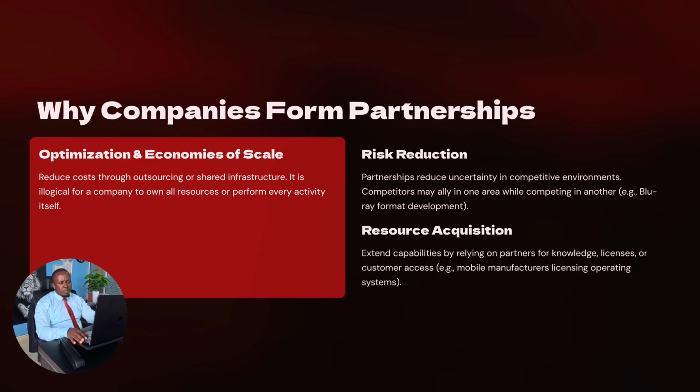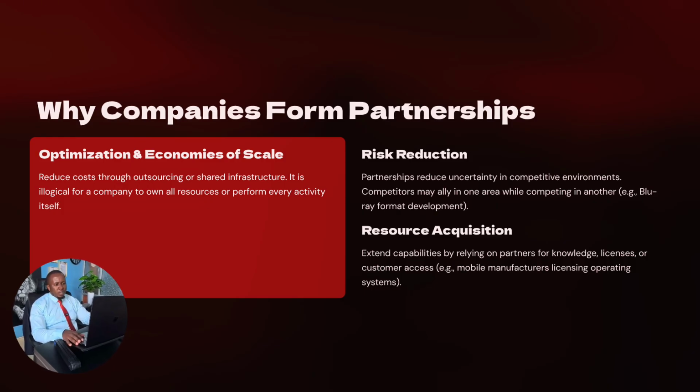The next key motivation for partnerships is risk reduction, where partnerships reduce uncertainty in competitive environments. Now, competitors may ally in one area while competing in another, simply to ensure they've reduced the risks.